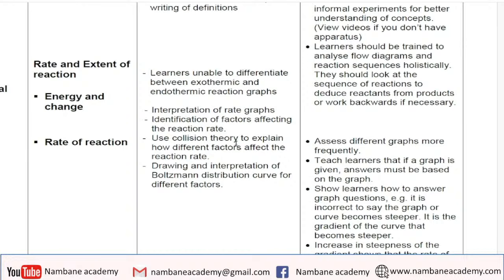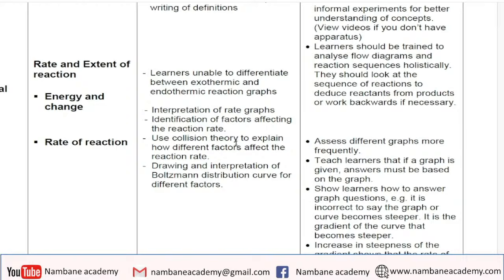Then you are specific, because with concentration we talk about solutions, those are aqueous solutions and gases. And for surface area, you become specific to the solid reactants. But for these other ones, you can just be general because they will influence the whole thing in some instances. So please be careful on how you do these things.